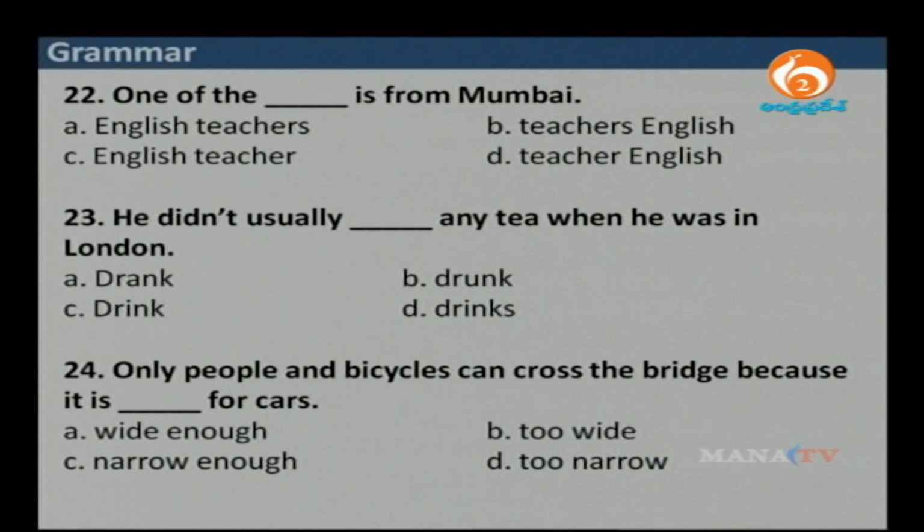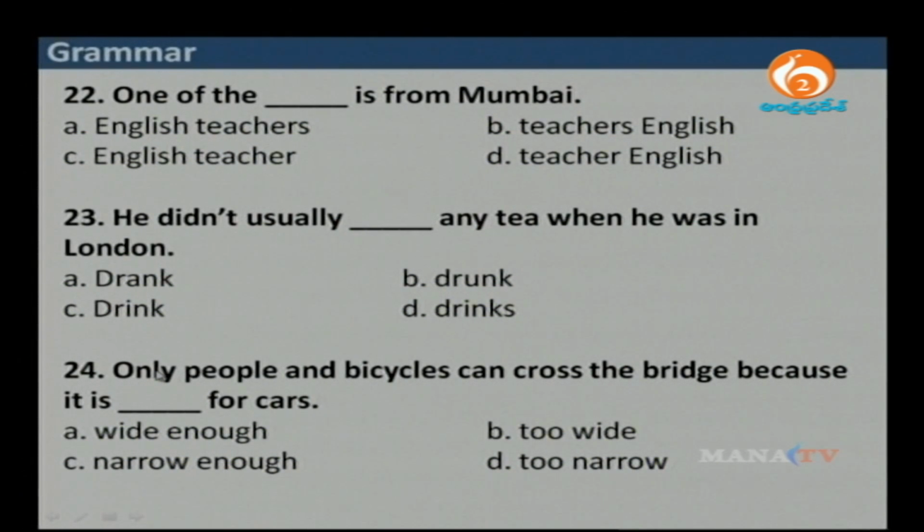He didn't usually drink, drank, drunk, drinks. Drunk is an adjective. For example, you say, I saw a drunk person, somebody who is intoxicated. Drank is the past tense of drink, drunk is an adjective. Since I already used a past tense, "he didn't usually", I will use the present, drink any tea when he was in London.